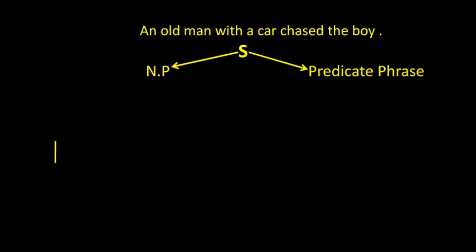in finding out the immediate constituents of the sentence. So the whole sentence can be divided first into two sections, as we have learned earlier. An old man with a car, this is noun phrase, and says to the boy, this is predicate phrase.